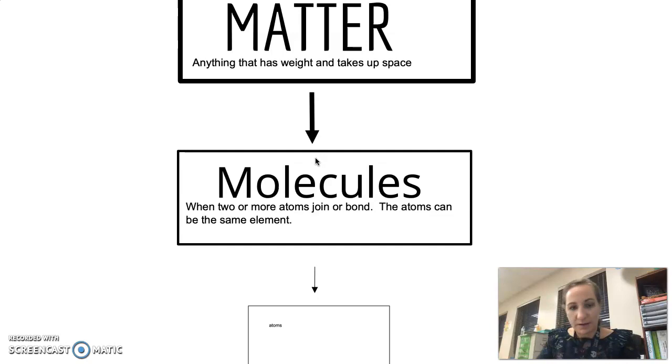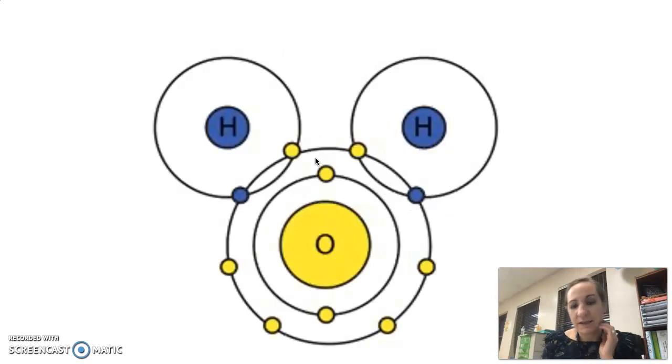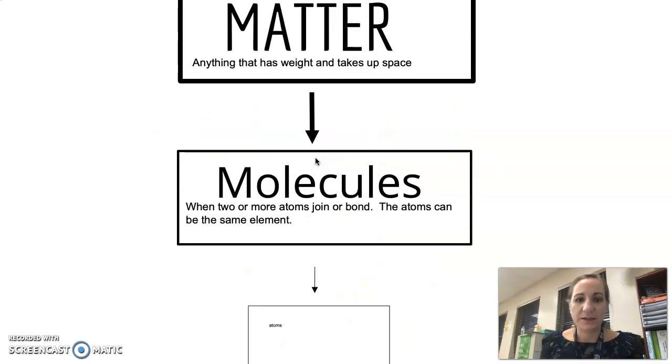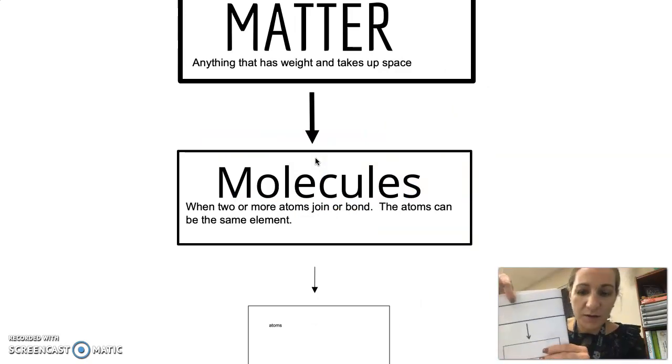All right. Now, this is a molecule, H2O. So this is the molecule you need to draw in your notebook. Again, pause it when you need to. And then on the very last page, you have these three boxes. In this top box, I want you to write matter as big as you can in capital letters.